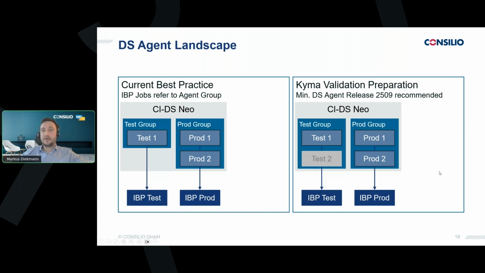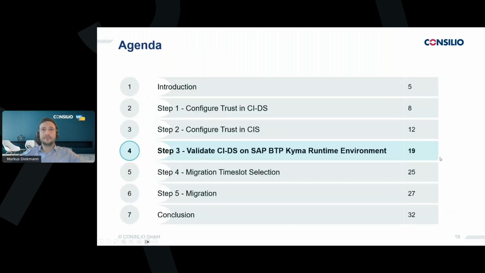The Kyma environment needs a data service agent release of 24.9, but due to root certificates, we recommend you to update your agents to 25.09. So we have created the trust and created a new agent. Now we can start with the validation step on the Kyma environment.